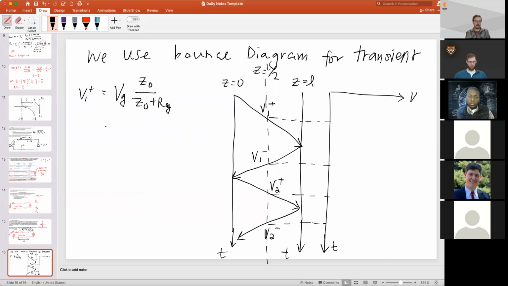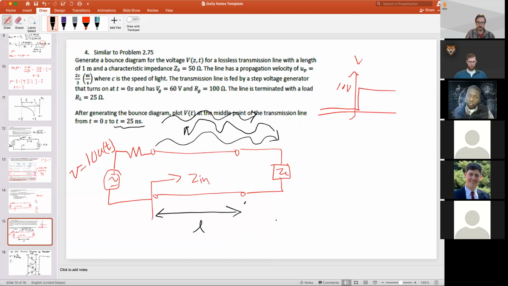We also need to know the reflection that happens at the load. When we're at this side, there's going to be some reflection that comes back, so we need to know how much is reflected back.